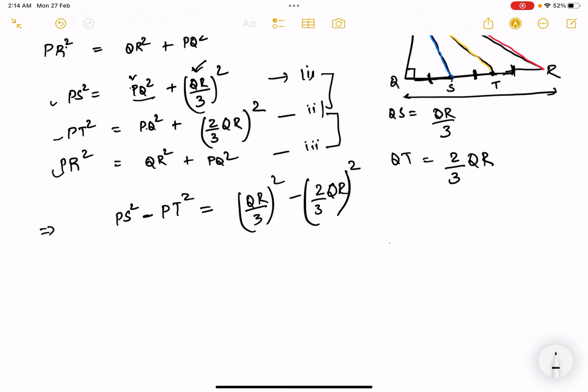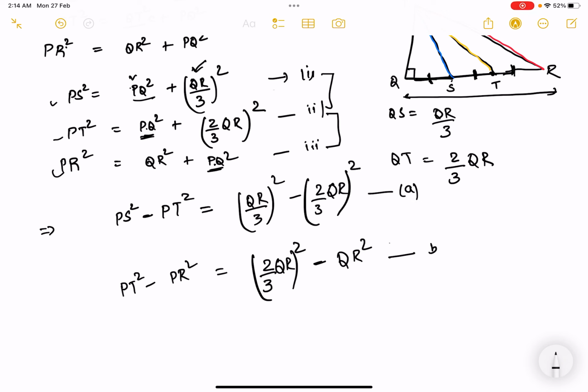So subtracting 2 and 3 we get PT square minus PR square is equal to, again PQ will get cancelled, we will be left with 2 by 3 QR whole square minus QR square. So let this be equation A and this be equation B.